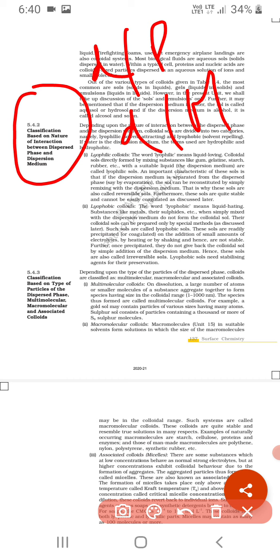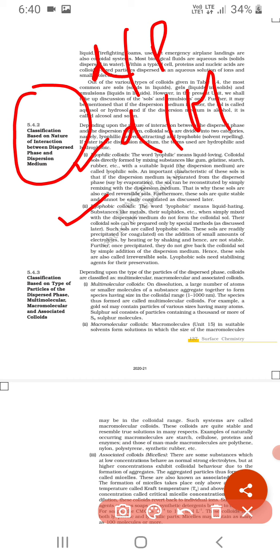So there are two types of colloids. Number one is lyophilic and number two is lyophobic. When no extra effort is required to form a colloidal solution, when the dispersed phase dissolves in the dispersion medium, it is called lyophilic colloid.